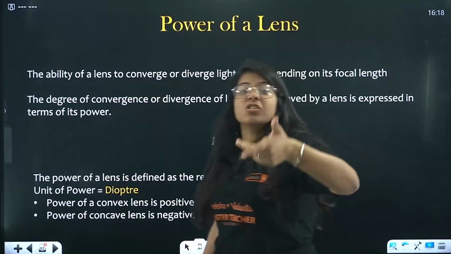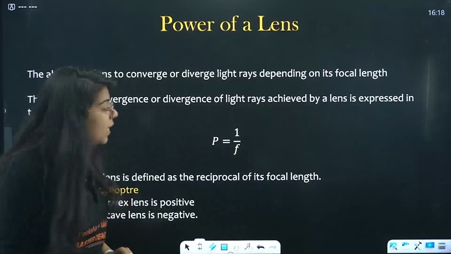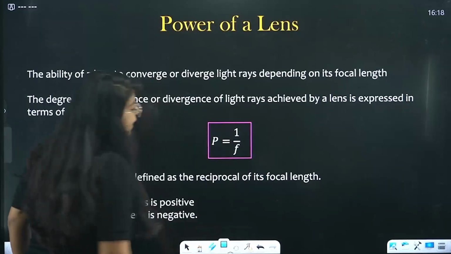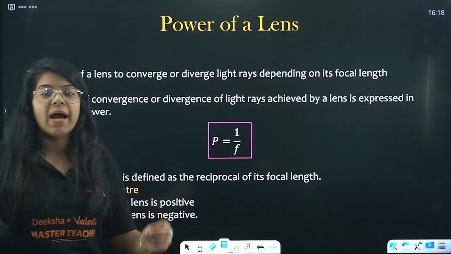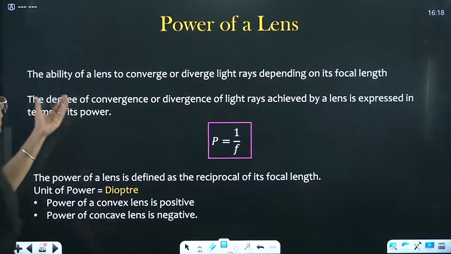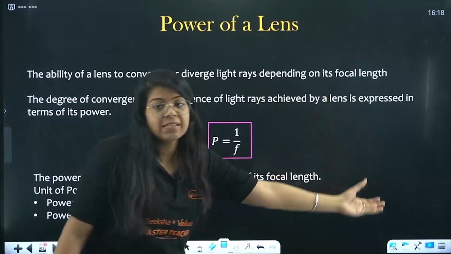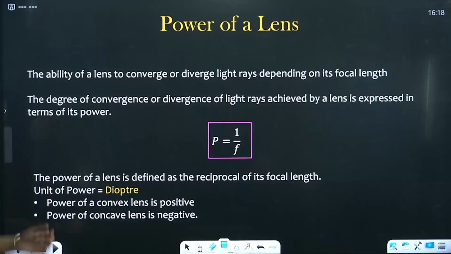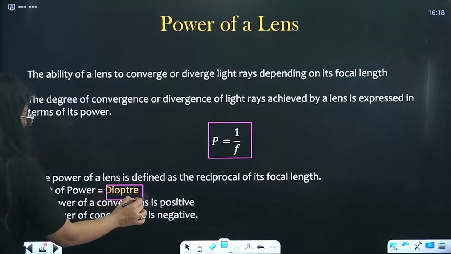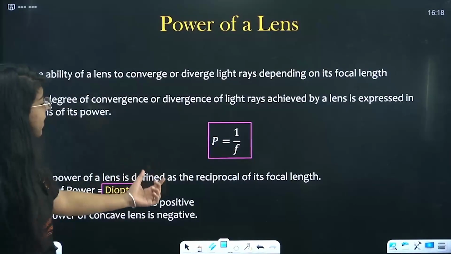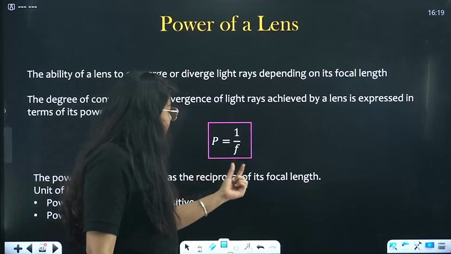It is the inverse of the focal length, P equals 1 by F. That means the degree of convergence or divergence of light rays achieved by a lens is expressed in terms of its power, and its SI unit is the diopter. The power of a lens is defined as the reciprocal of its focal length.